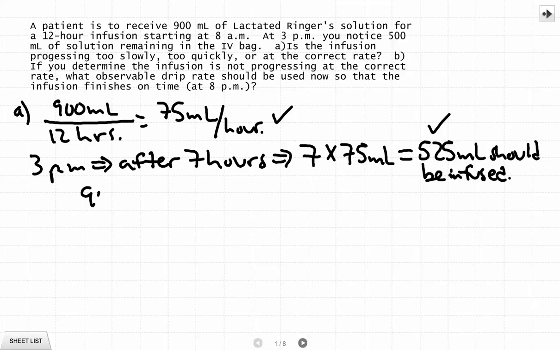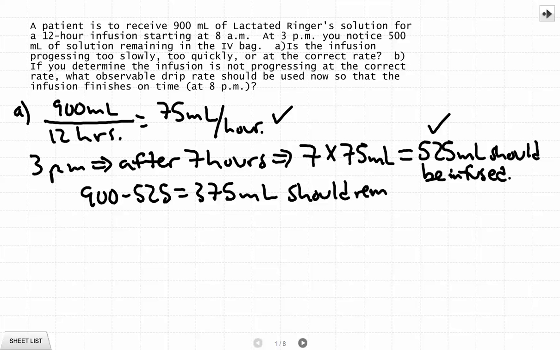So if we take the 900 and subtract 525, then 375 milliliters should remain at 3 p.m. However, we notice that there's actually 500 milliliters of solution remaining, so not enough has been infused into the patient.